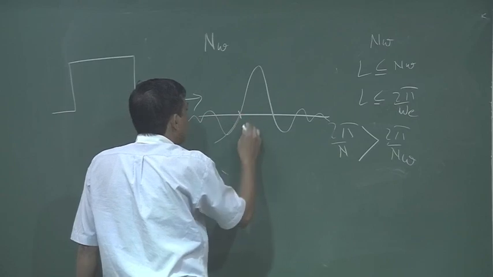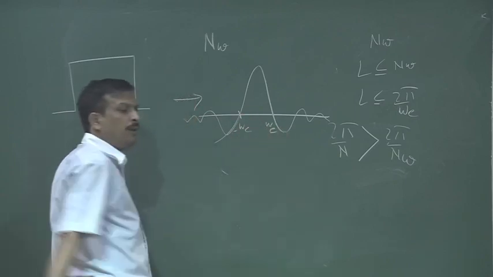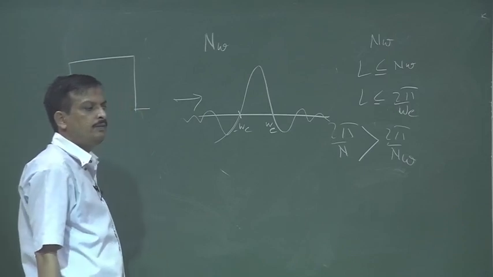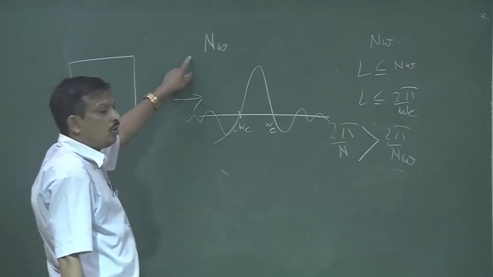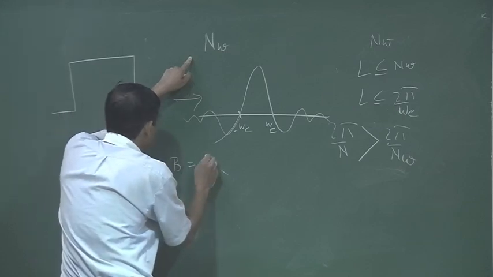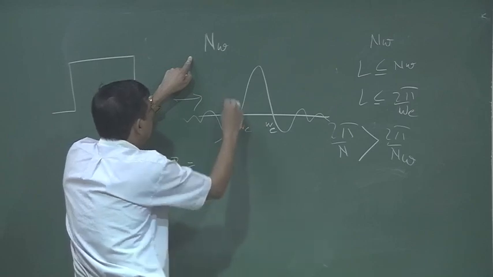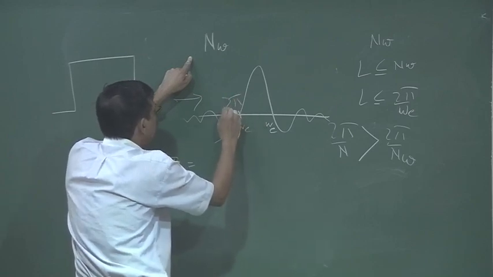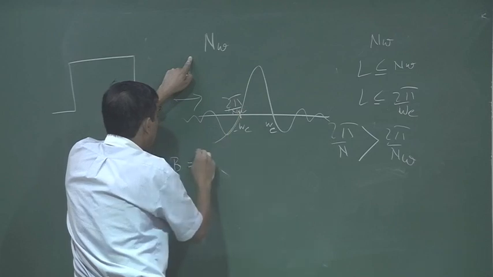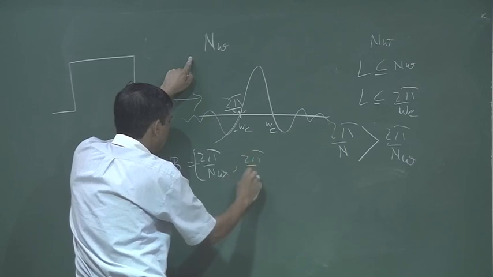If this is minus omega c and this is plus omega c, what is the bandwidth? It is from minus omega c to plus omega c, which is 2 pi by L, that is 2 pi by Nw, so from minus 2 pi by Nw to plus 2 pi by Nw.